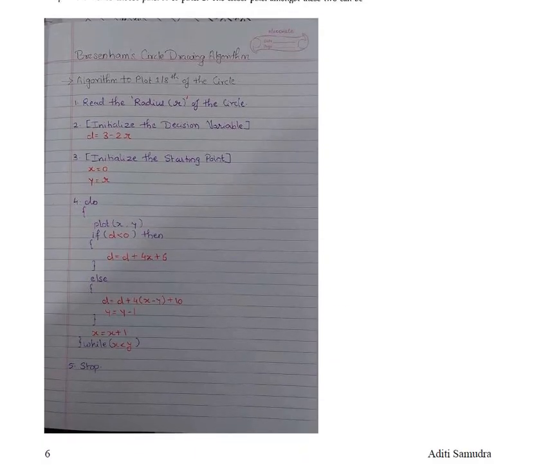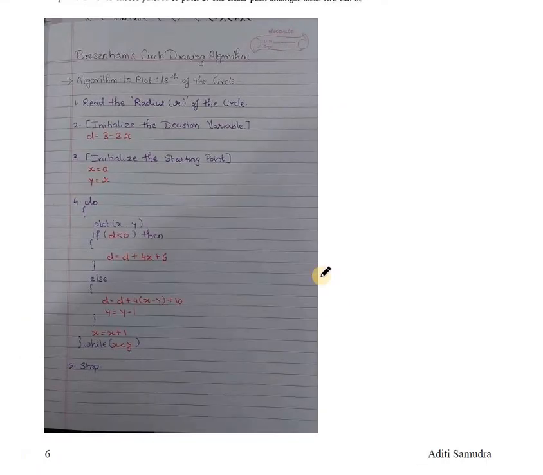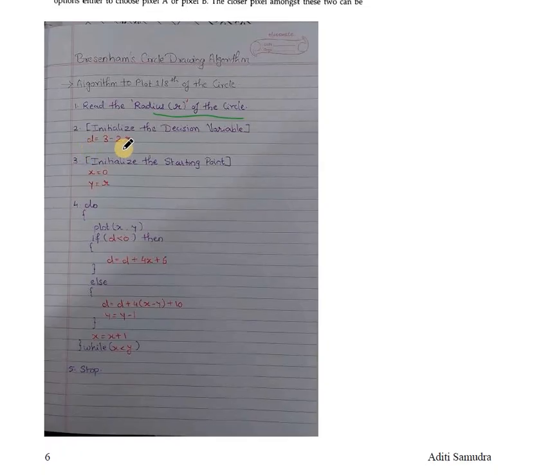So let us see the Bresenham circle drawing algorithm. The first step of the algorithm is that you take radius r as the input for drawing the circle, and now I calculate the decision variable, that is d, which is equal to 3 minus 2r.